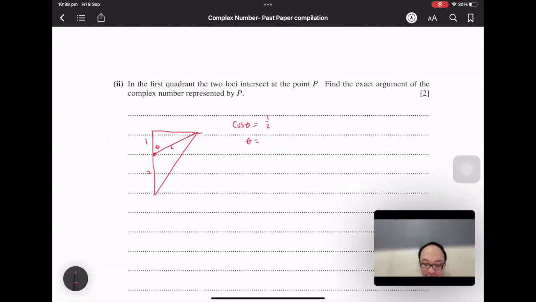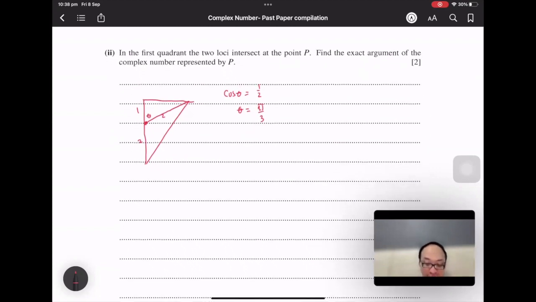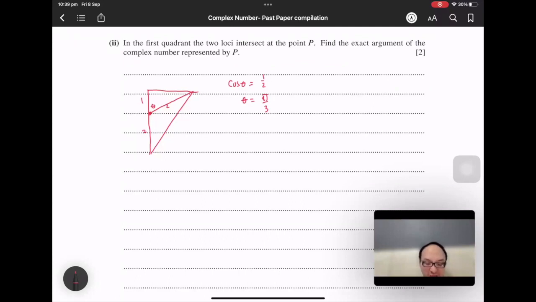So theta will be equal to 60 degrees, or in radians, pi over 3. So that means this is a right angle. So we can find the angle here. It's 2 over 3 pi.